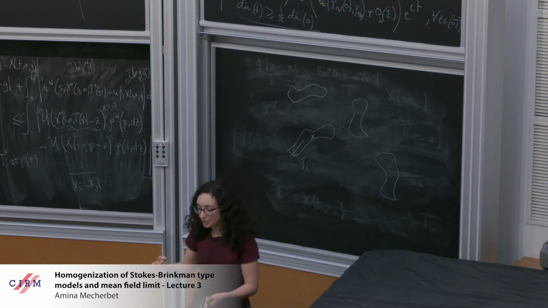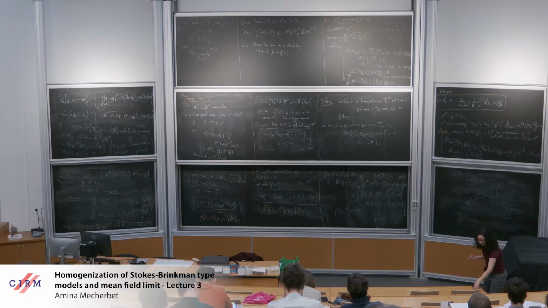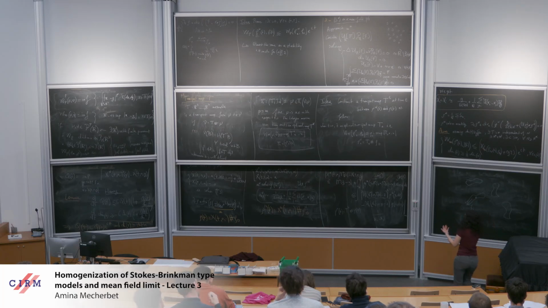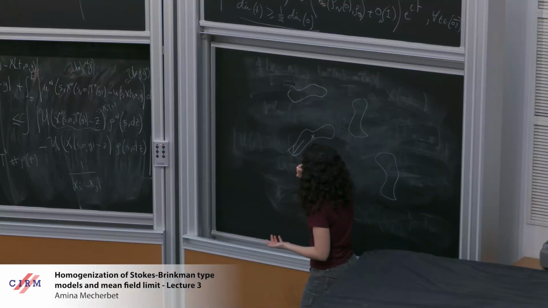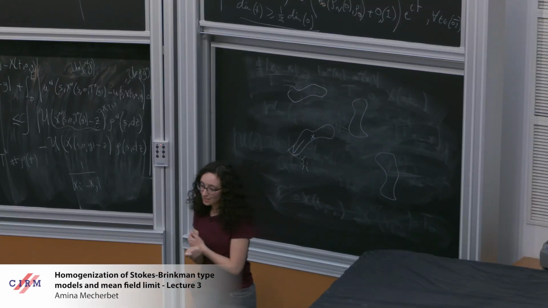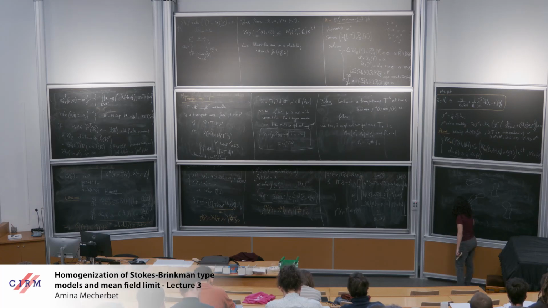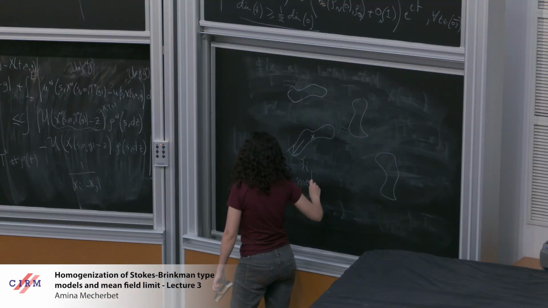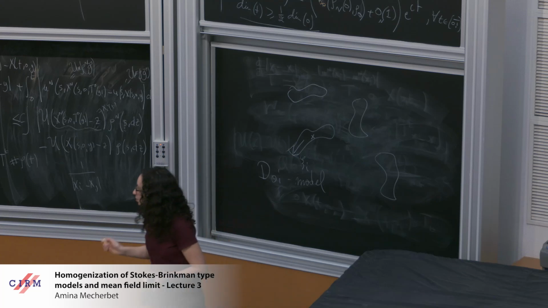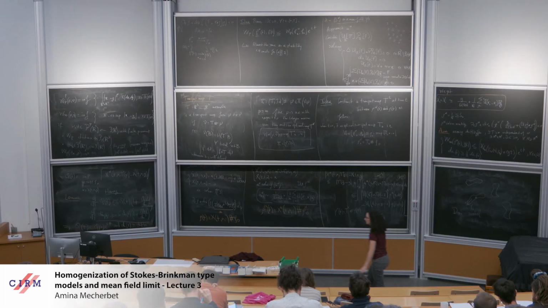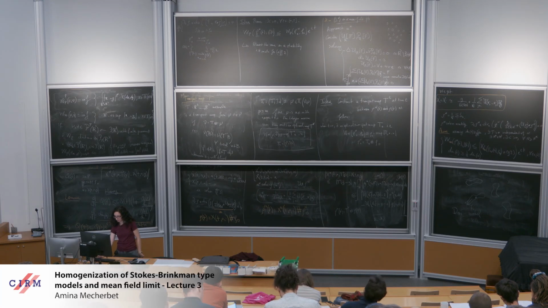And so both the velocities of the particles and the velocity of the fluid will be sensitive to these orientations. And in this case, what we expect and what has been shown to be a limit model, at least in some regimes, is the Doi model. So it looks like something like this.